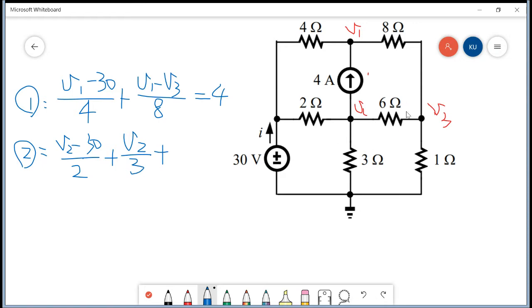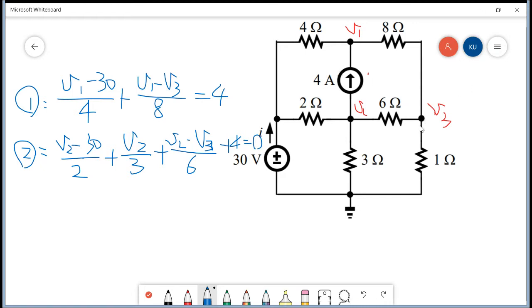And this current is V2 minus V3 over 6. And then this 4 A is also going out, so plus 4 equals 0.